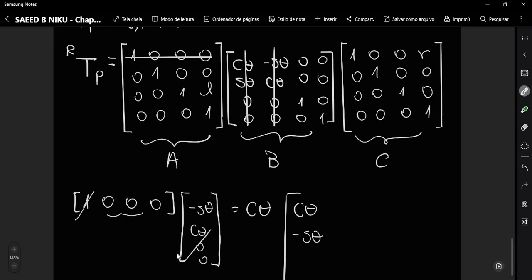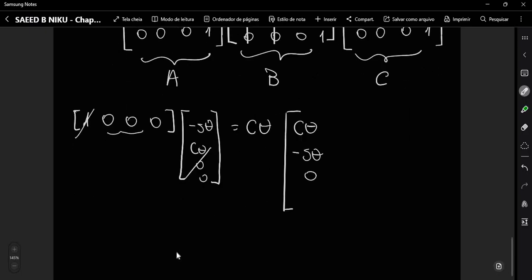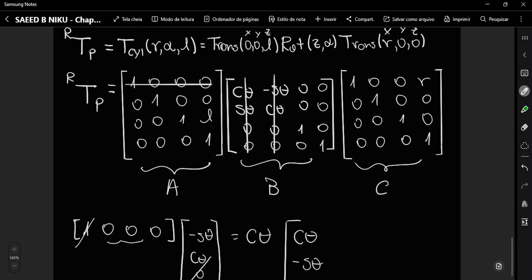And we can use this for the rest of the operations. Right here, it's all 0. Right here, 2, 0.